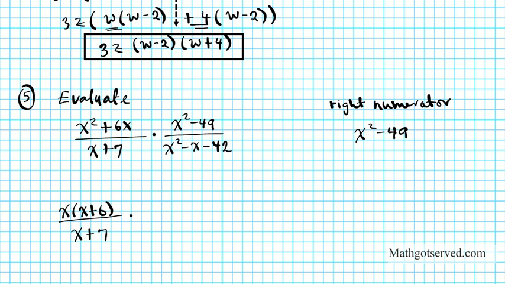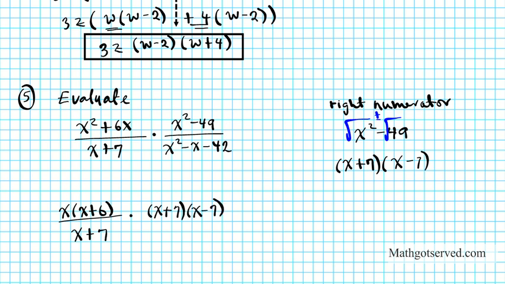So we apply the formula for factoring difference of squares. You root the first and the last, and then you add and subtract the square roots. Okay, so we're going to have x plus the square root of 49, which is 7, times x minus the square root of 49, which is 7. Okay, so that goes on the numerator on the right. So we're going to have x plus 7 times x minus 7.